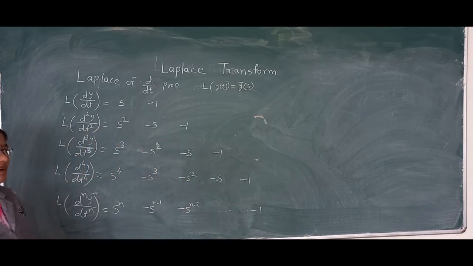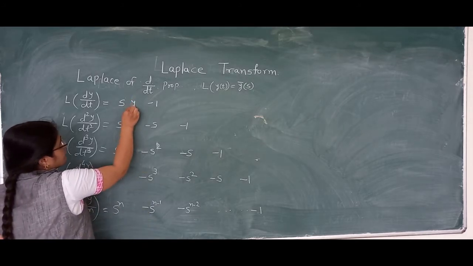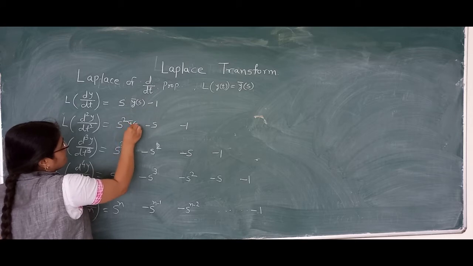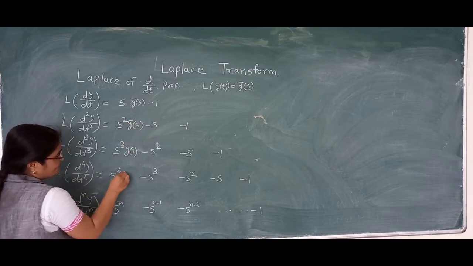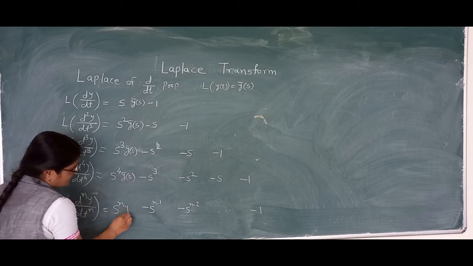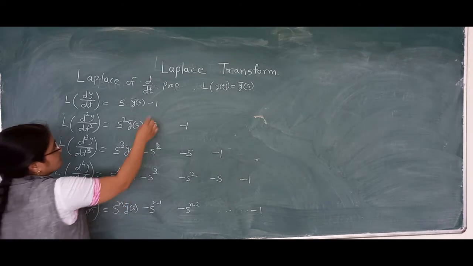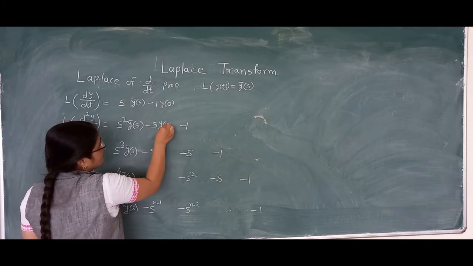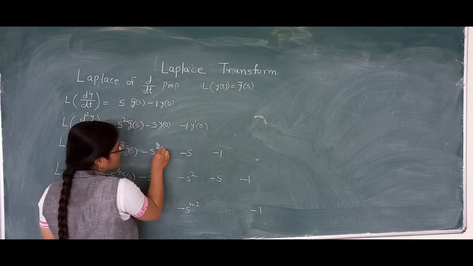Now next one. The coefficient of the first term is always y bar of s. Every time the first term contains y bar of s. What about the next? This is y of 0. If one more term is there, y dash of 0.